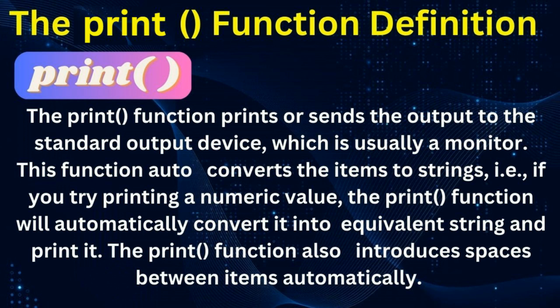This function automatically converts the items to a string, or if we try printing a numeric value, the print function will automatically convert it into the equivalent string and print it. The print function also introduces spaces between items automatically.